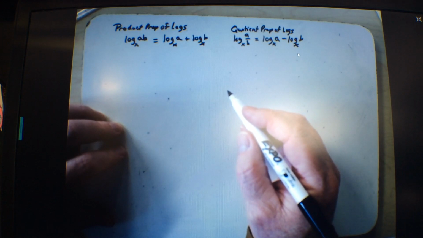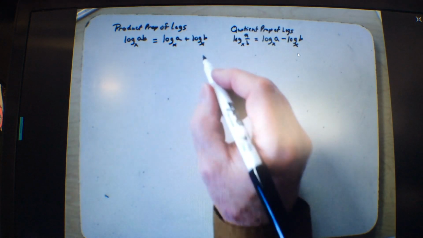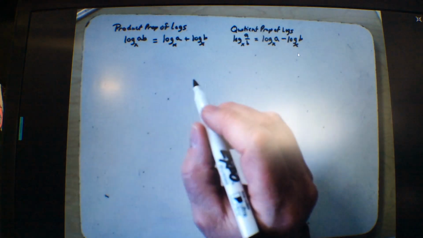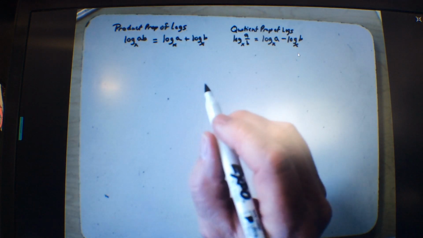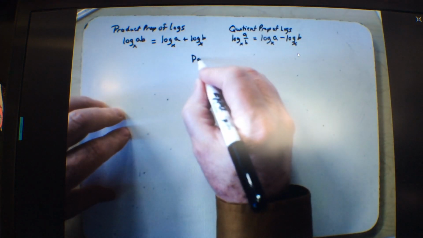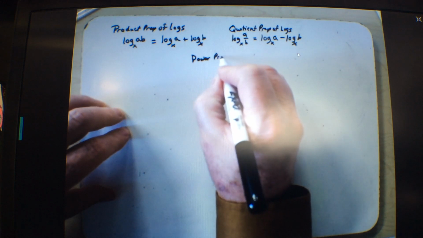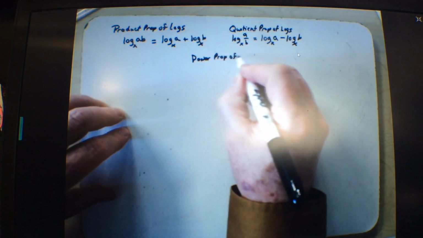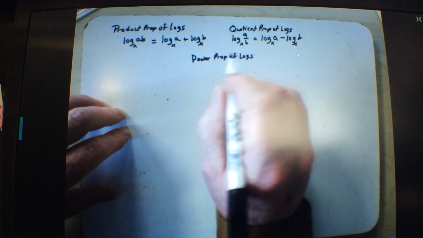Okay? And then the last one, I think this book calls it the power property of logs.